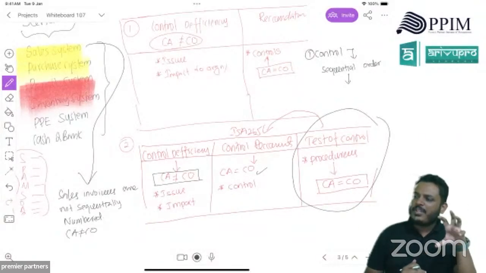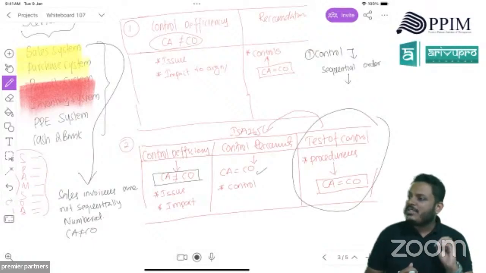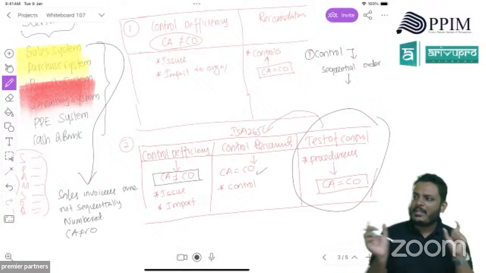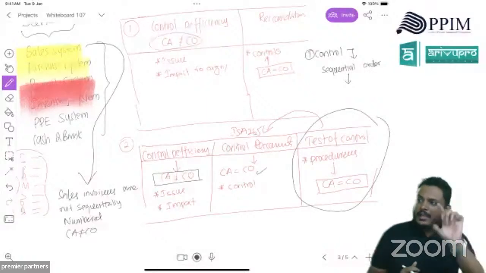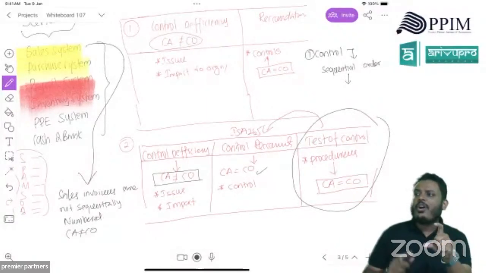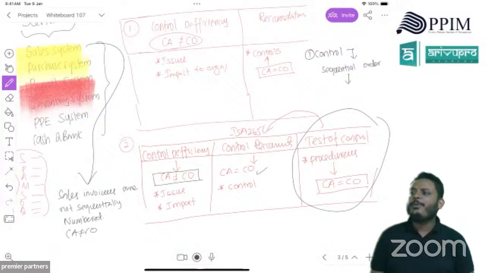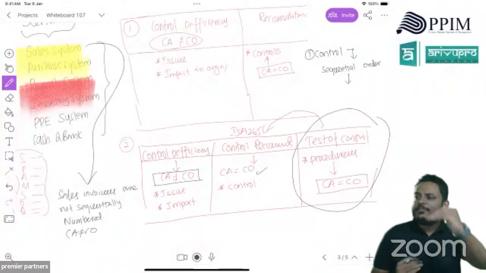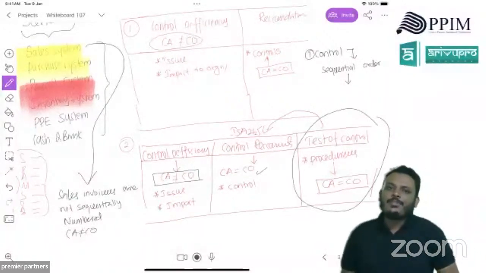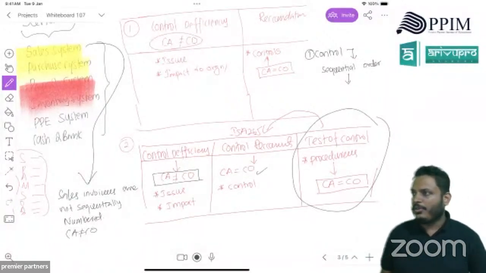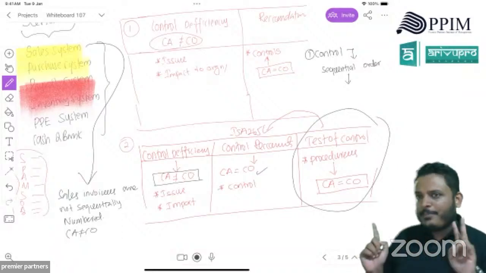But this last one is only applicable to controls. That is computer assisted audit technique. When controls are IT controls, as you might have studied in general controls and application controls, it is better to apply computer assisted audit technique. That is the procedure for IT controls.